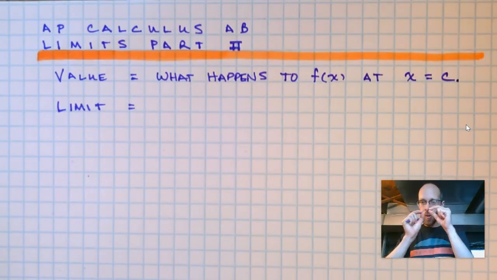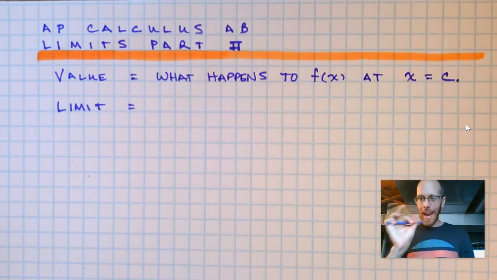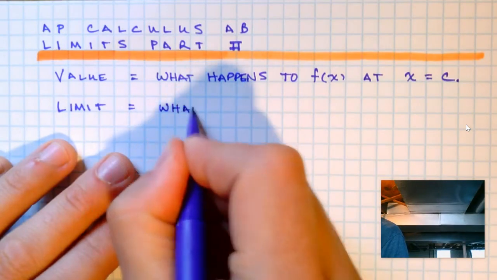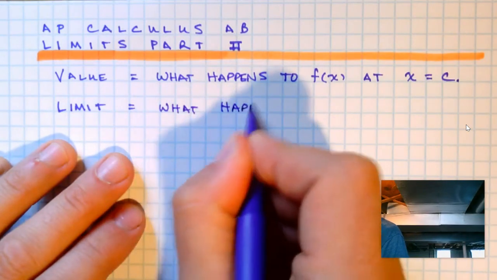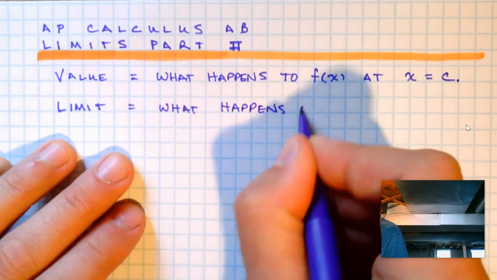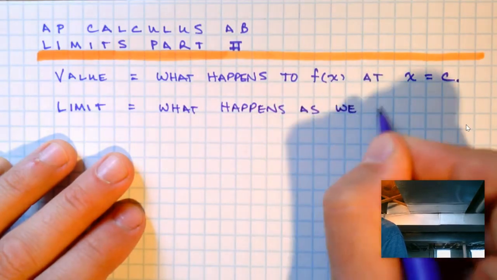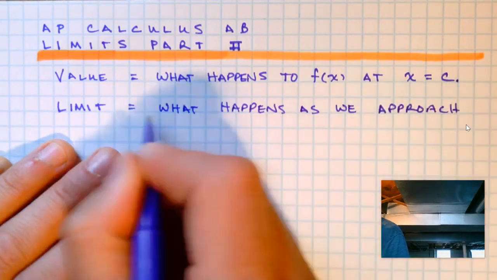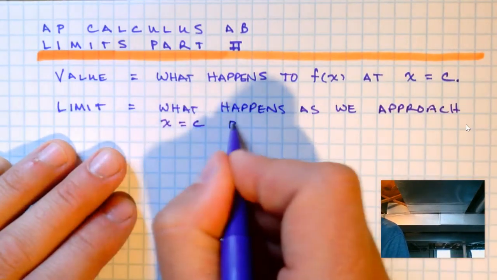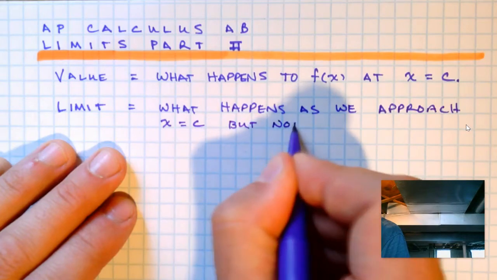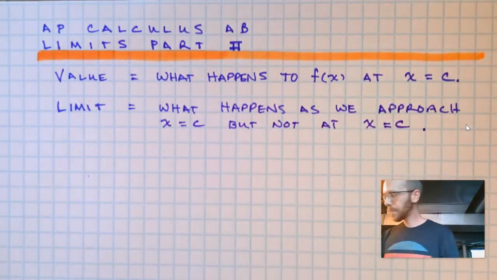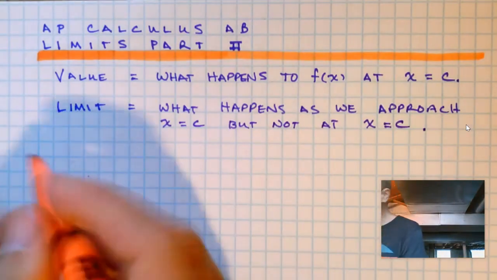Whereas when we talk about a limit, we're talking about what happens as we get close to that instant, but we don't care what happens at that instant. So this would be what happens as we approach x equals c, but not at x equals c.